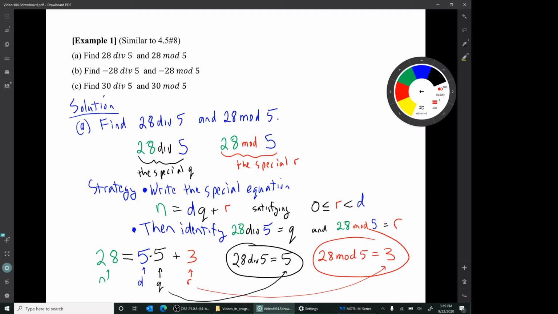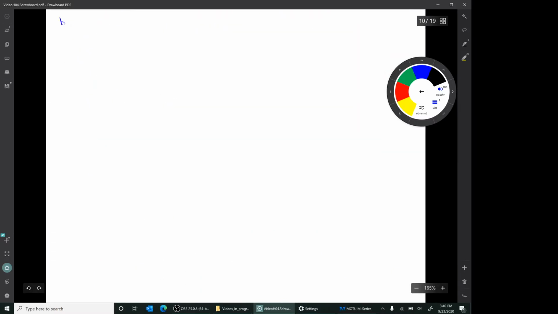Okay, let's go on to question B. Question B is the same, except my n is negative 28. So the solution is we start by writing the special equation.